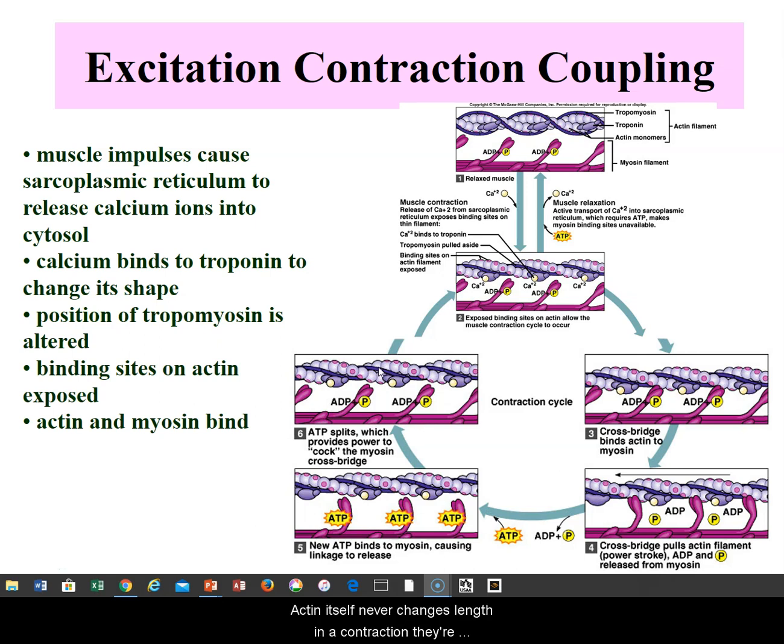The actin itself never changes length in a contraction. They're sliding past each other, so they never change in length. Now, what happens when blood calcium levels drop?